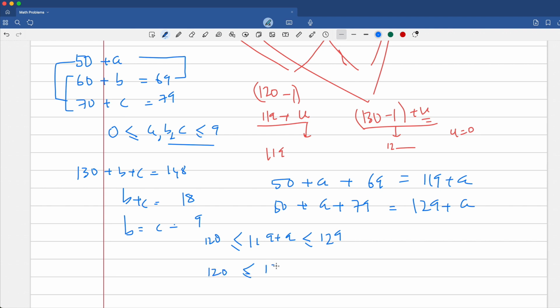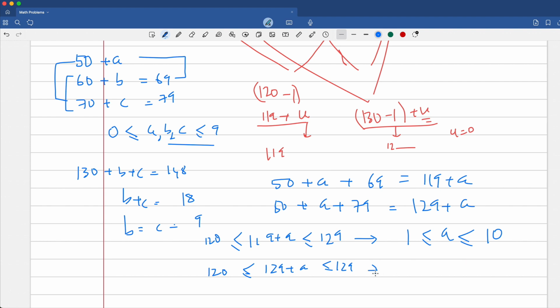120 to be less than or equal to 129 plus a, less than or equal to 129. So the first inequality can be solved by subtracting 119 on both sides, and I'll end up getting 1 less than or equal to a, which should be less than or equal to 10. Okay, that's one possibility.